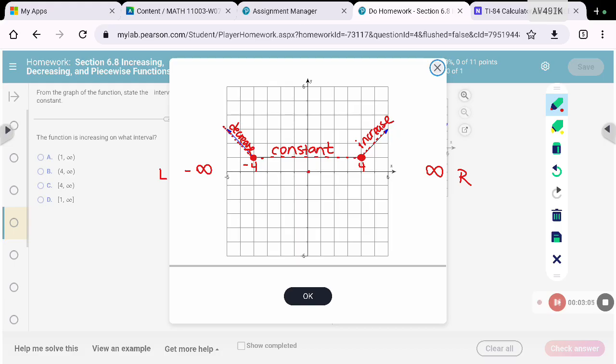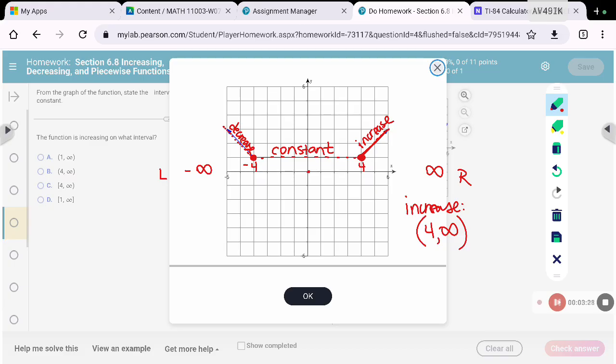So my increase is going to be this part right here. So from 4 to infinity.